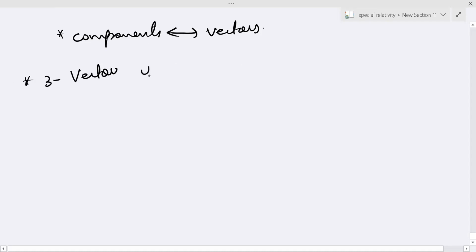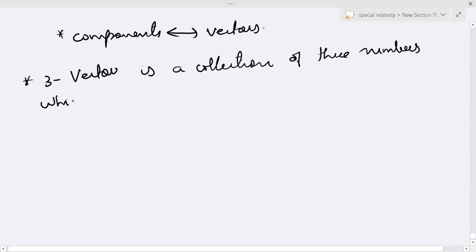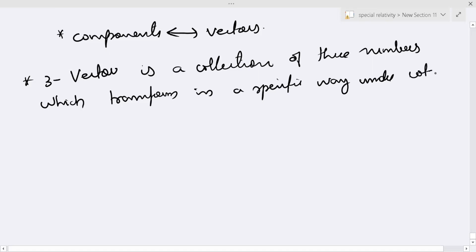A 3 vector is just a collection of 3 numbers which transform in a specific way under rotations. Is this definition fine? Do you agree with this definition?